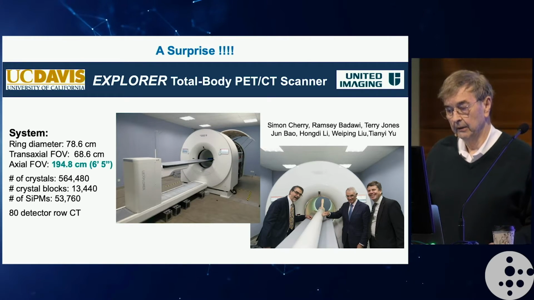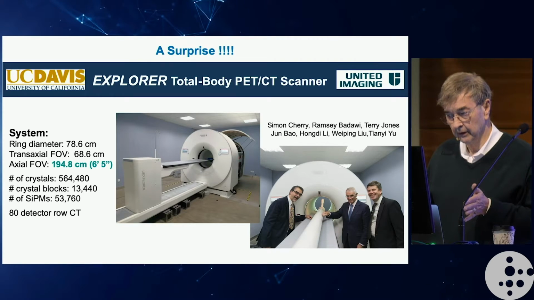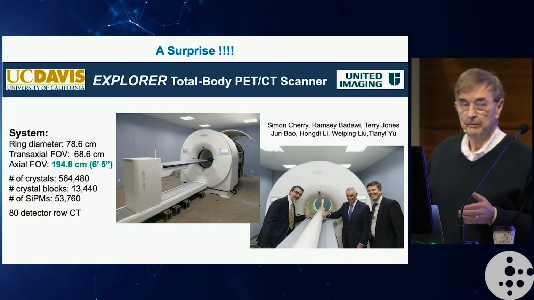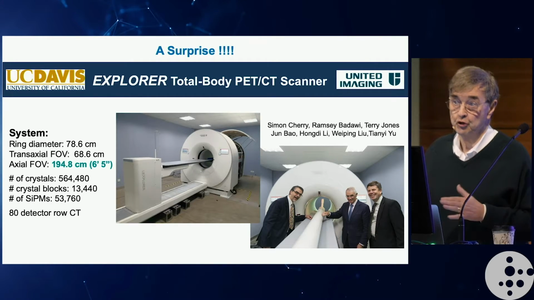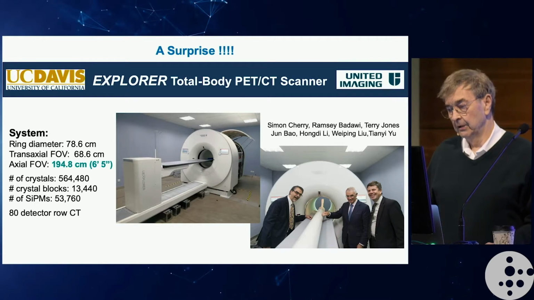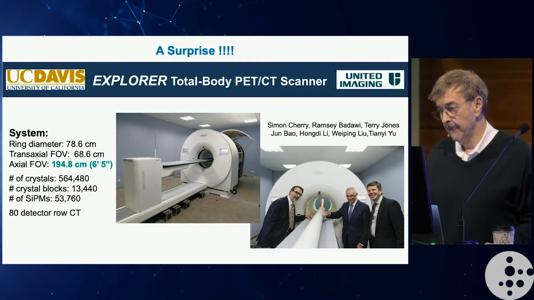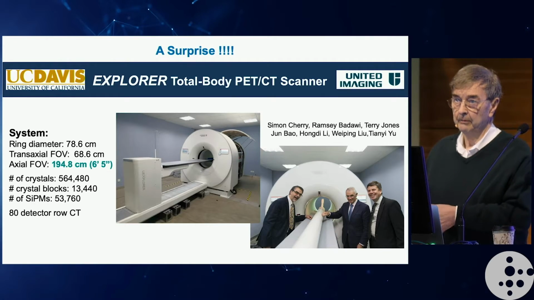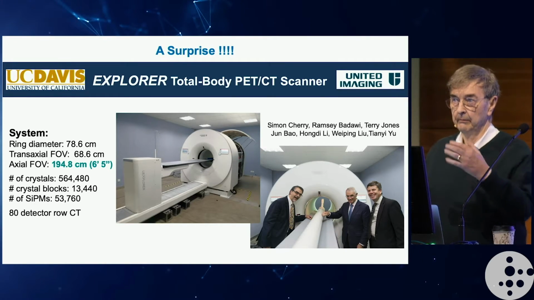And with that, they turned it down again, gave him some money eventually to build some of the hardware components that people challenged whether they could really do that. But over the years, a company called United Imaging in China had been recruiting Simon's students and mine back to China.